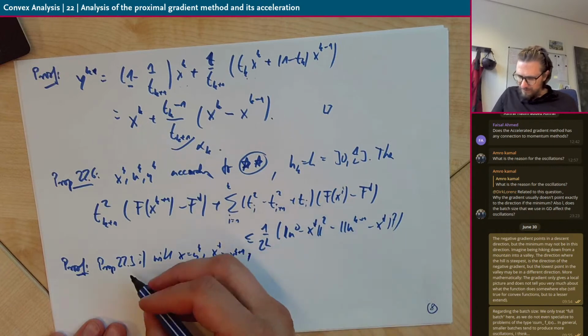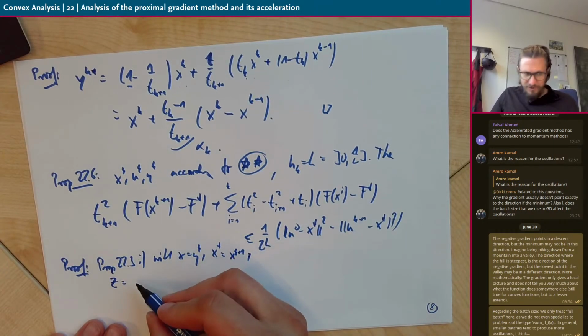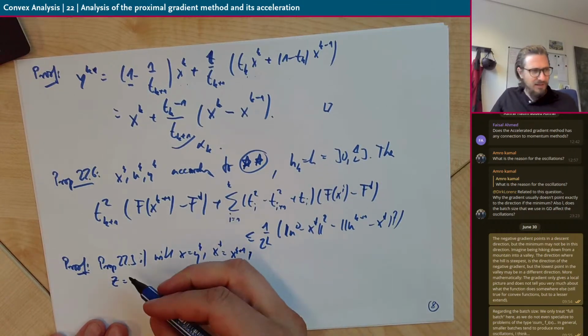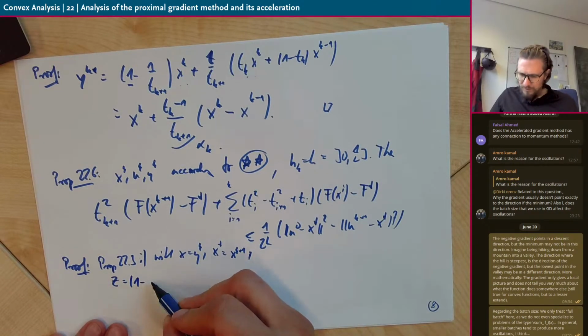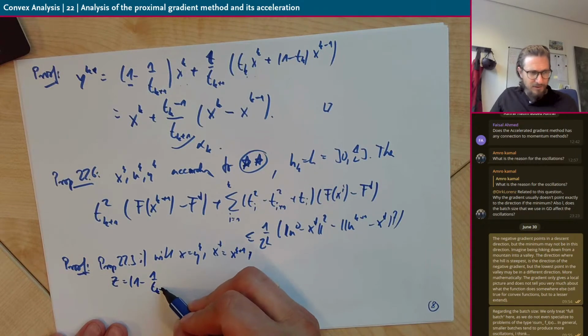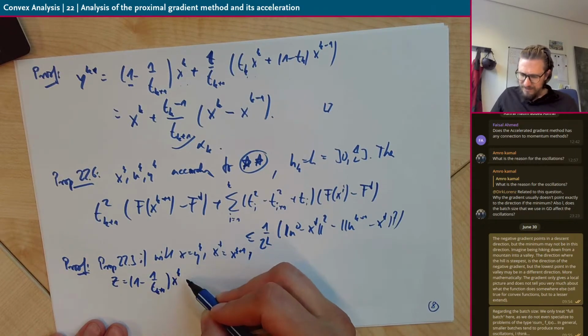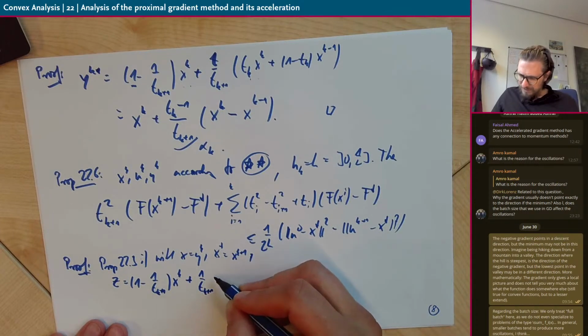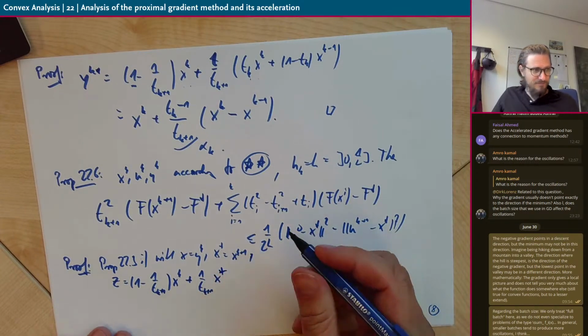And of course the special point z is not uk, but it's 1 minus 1 over tk plus 1 times xk plus 1 over tk plus 1 times x star up here.